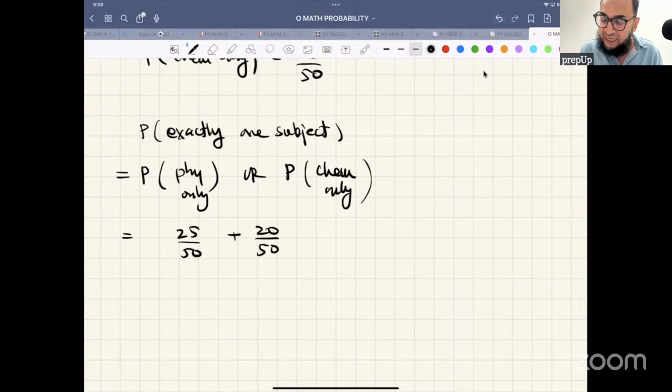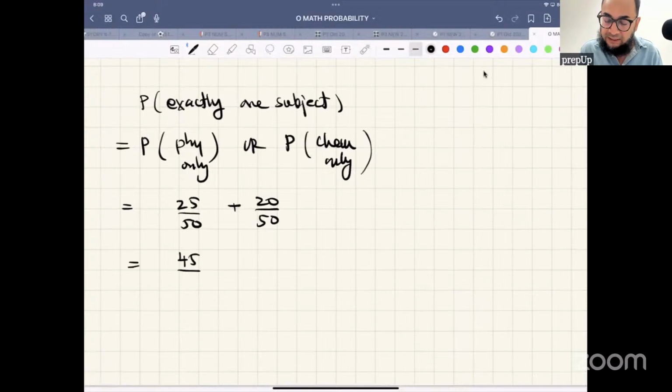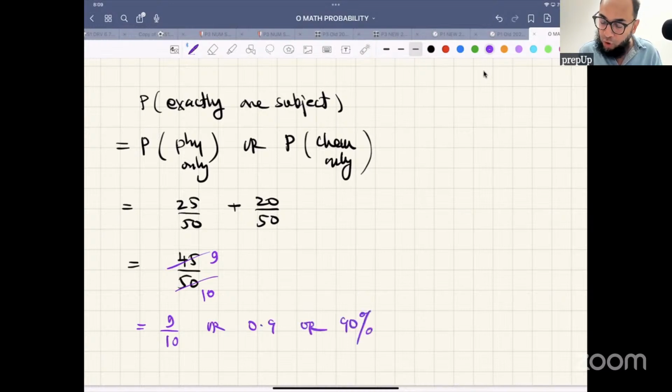First add, then simplify. That is 45 over 50. Not 45 over 45. This is 45 over 50. And this is 9, 5 nines are 45, 5 tens are 50, that is 9 over 10 or 0.9 or 90%. There is a 90% chance that the student is taking exactly one subject.